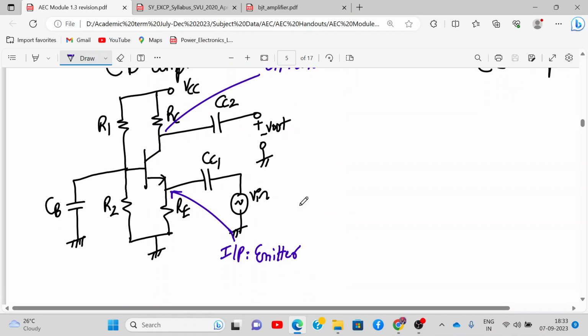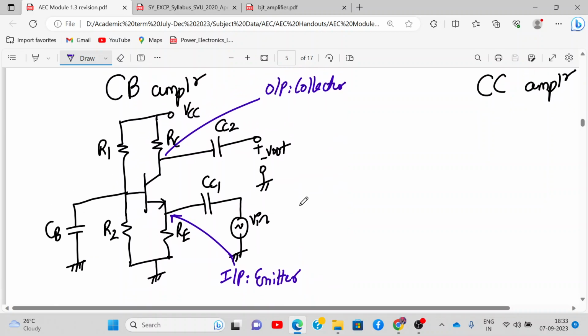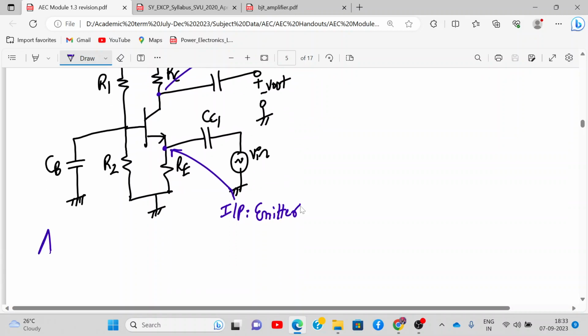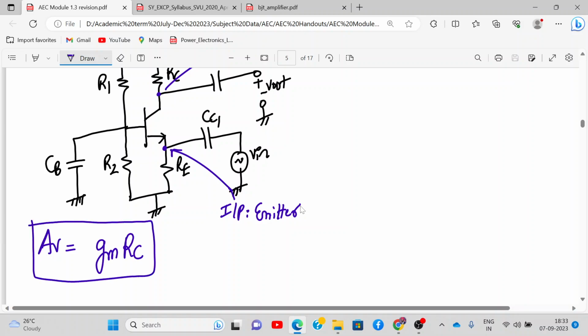Have you drawn the diagram or can I proceed ahead? So whenever input is applied to the emitter terminal and output is taken from the collector terminal, that configuration is called a common base amplifier. Its voltage gain formula is exactly the same as the common emitter configuration, but with a positive sign.